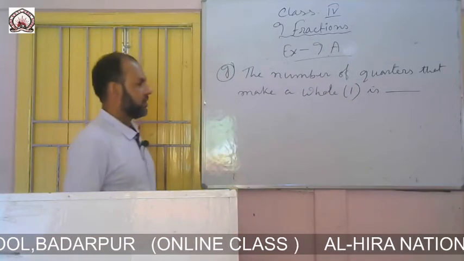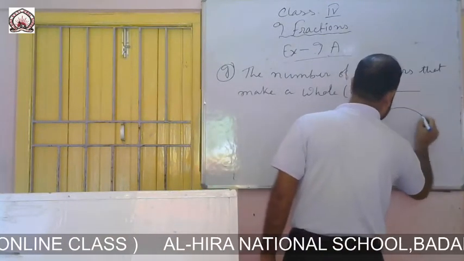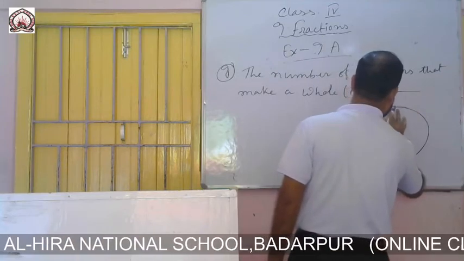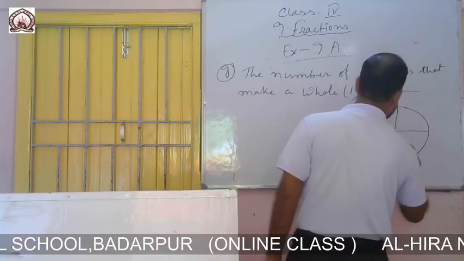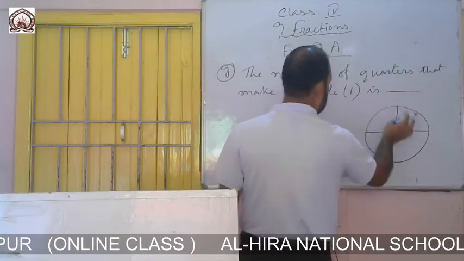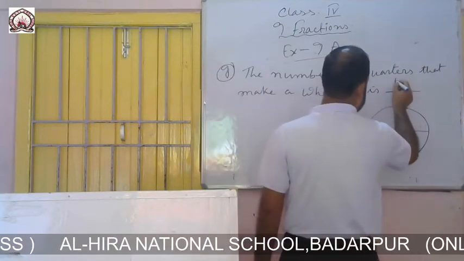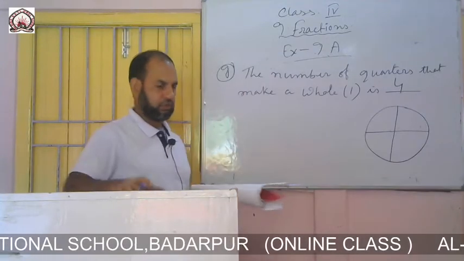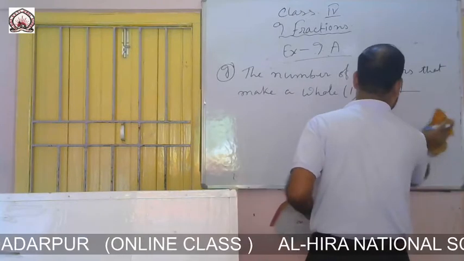Earlier I said, quarter means if we divide anything into 4 equal parts, each part is called a quarter. So how many quarters make a whole? 1, 2, 3, 4. 4 quarters make a whole. So the answer is 4.